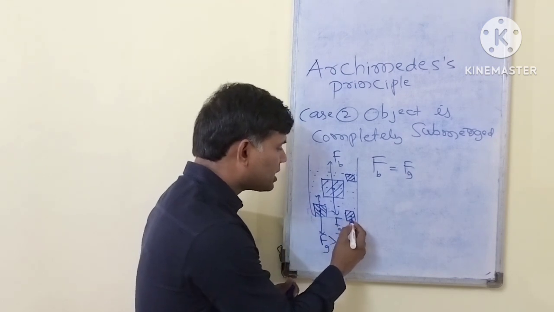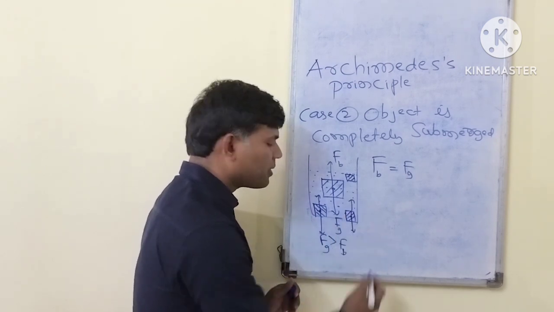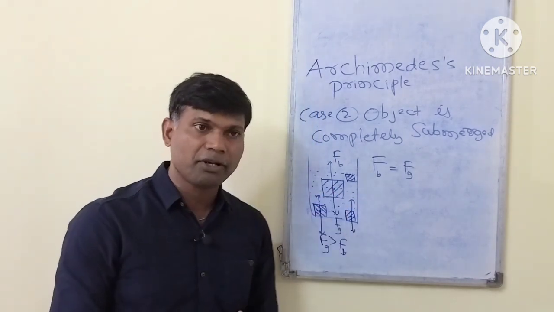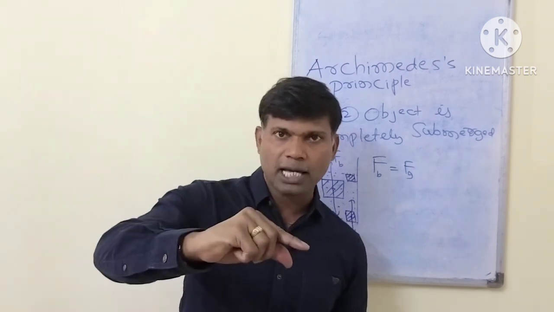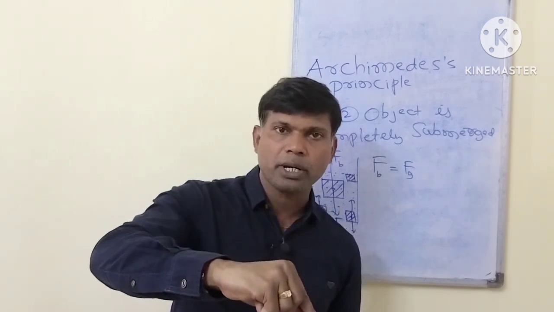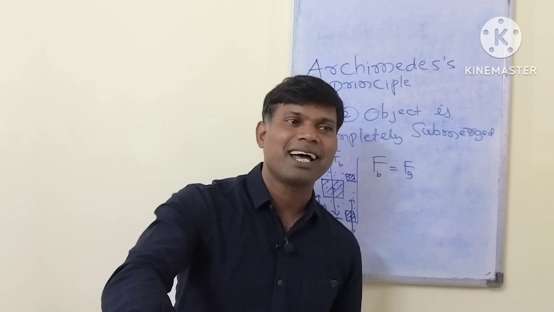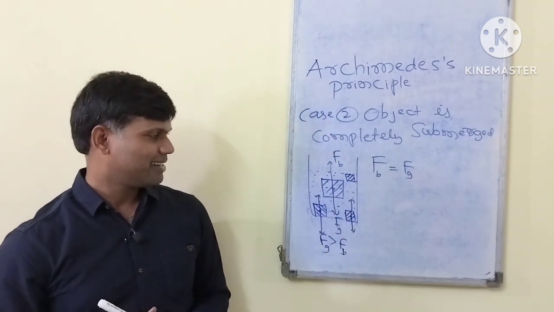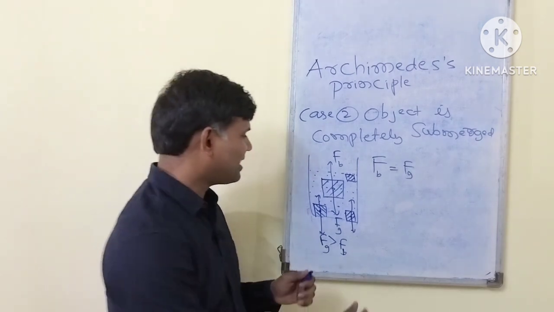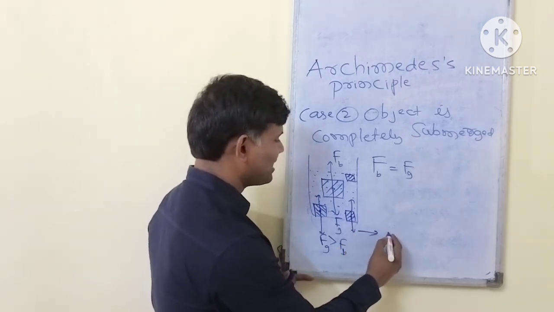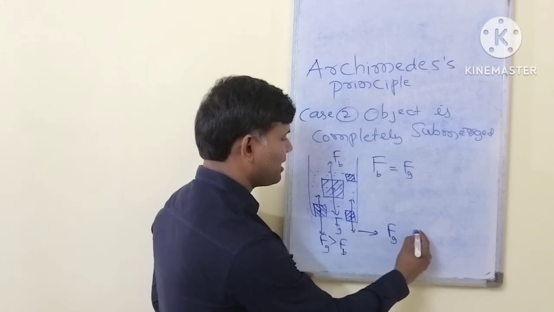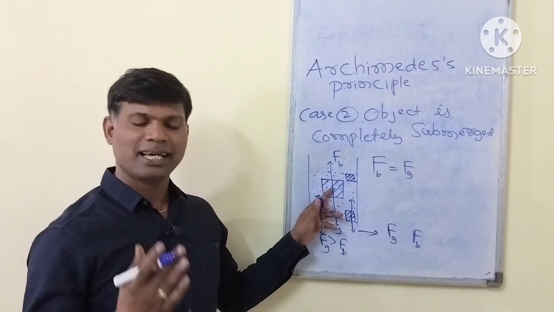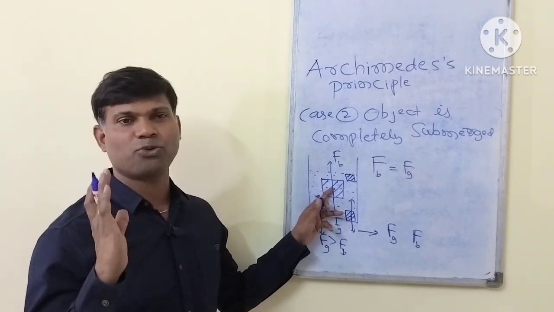Then what can you say about this? What is the relation between Fb and Fg? The object is the same, but with intervention. With my hand I took it more inside and left it on the bottom surface of the container. Then what is the relation for this case, Fg and Fb?